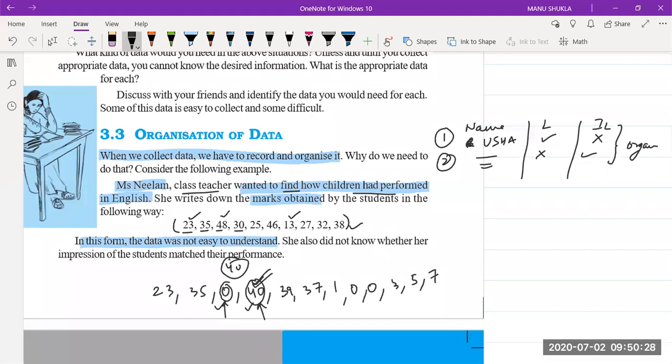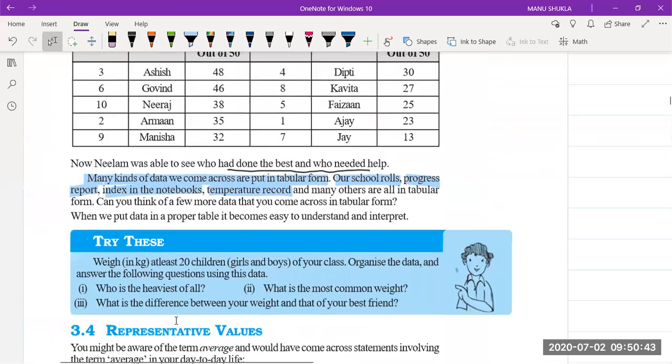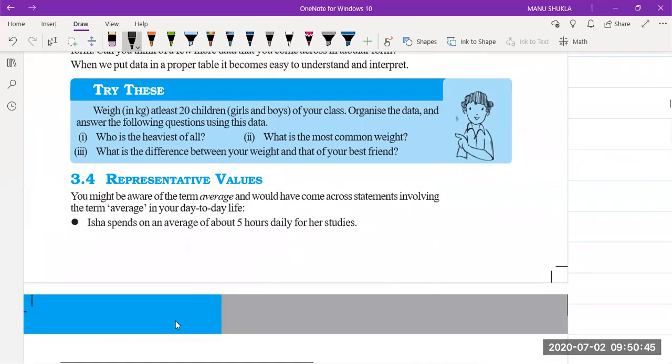But she will ask, sir, give me one number for your class. I will say, sister, you can take average marks of the class, because average marks will tell on average how many marks each student has got. You can take average in this case. So the first representative value is average or mean. This is the value that will help you to understand the whole data as one.